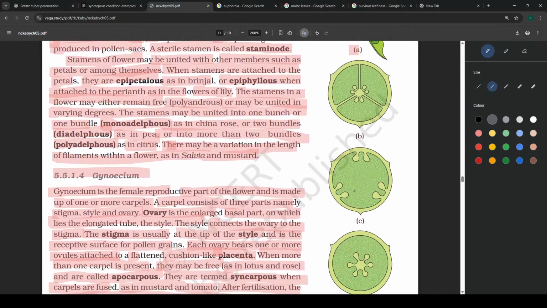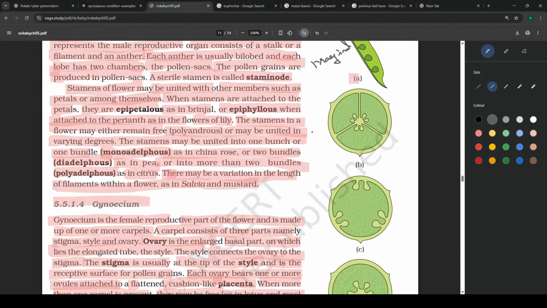Next, in the case of citrus fruits, or even an orange, if we see, ovules are arranged at the center like this. This kind of placentation, where there's a division here like this, is called axial placentation.